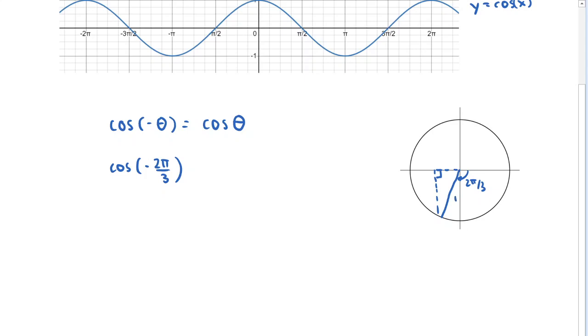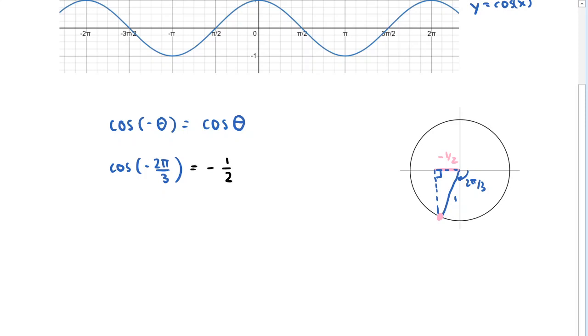And so here, cosine is giving us the x coordinate of this point, and that's this measurement here. On this 30, 60, 90 triangle, it's the short side length of this triangle. That's negative 1/2. This is equal to negative 1/2.